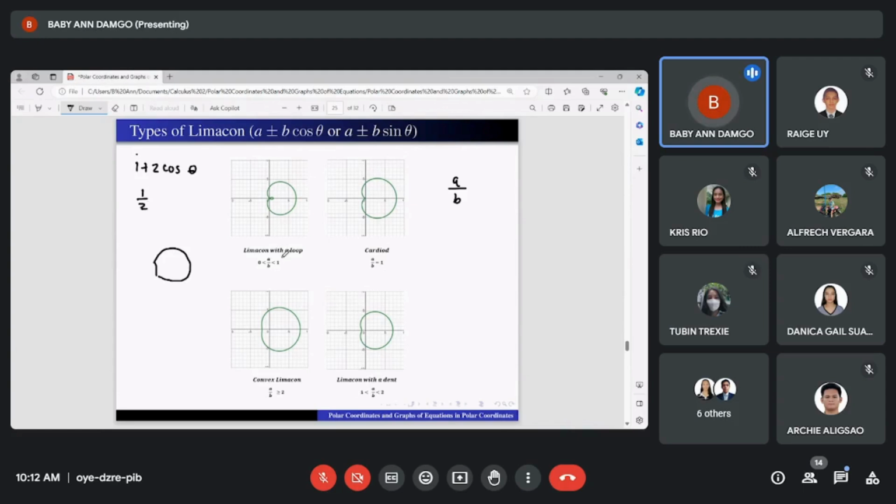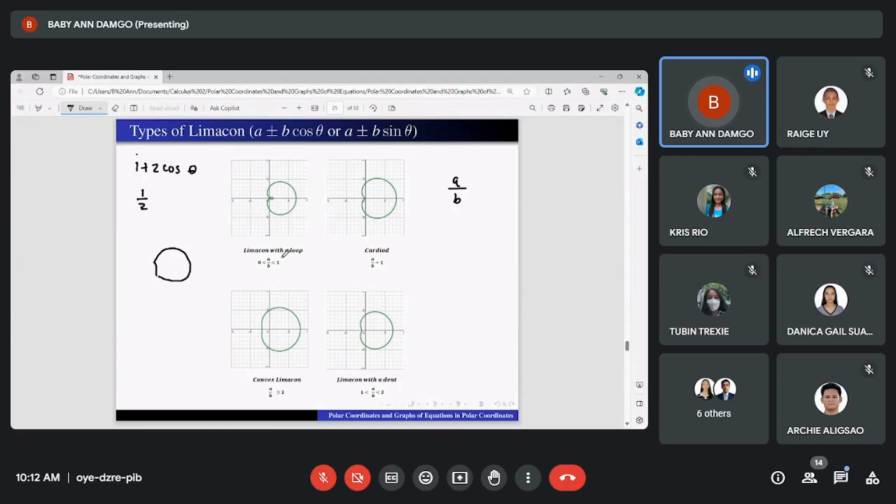If we have a limason with a loop, dapat ang A over B is between 0 to 1. Pero why labot ang 0 o 1? Okay? So we will form a limason with a loop.